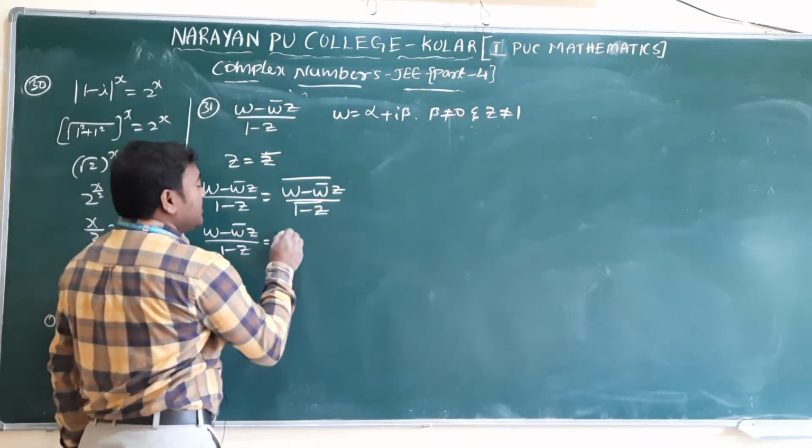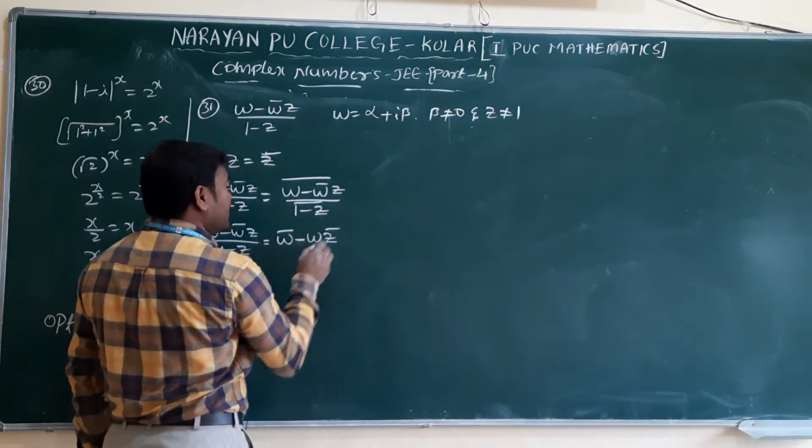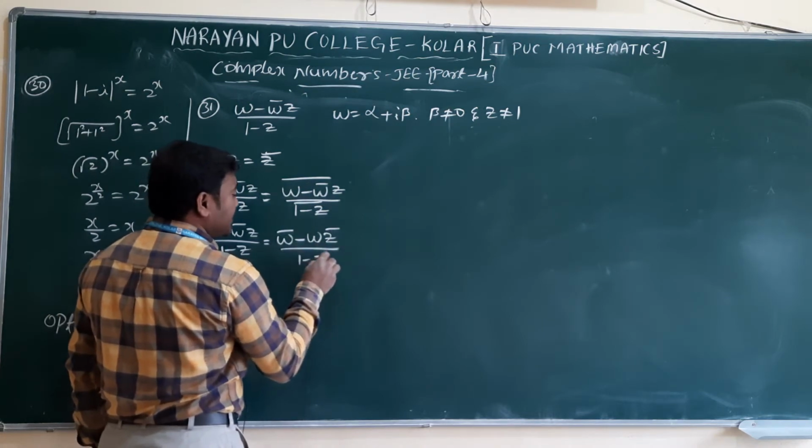So here omega bar minus omega whole bar means omega into z bar, divided by 1 minus z bar.